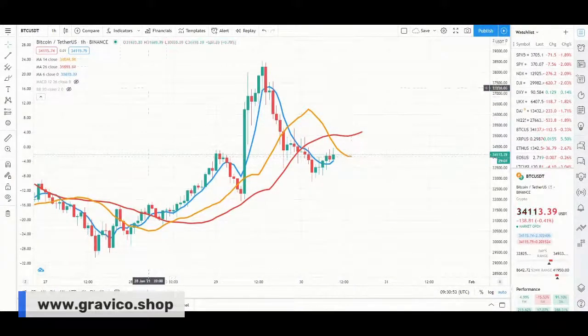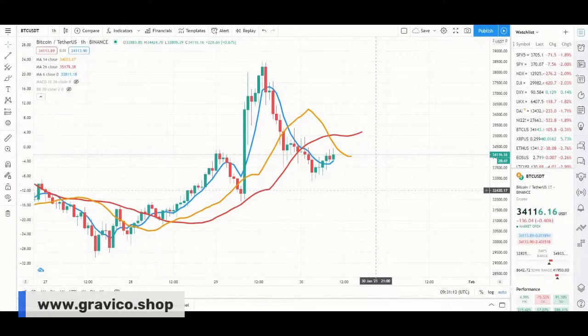And the last one is the red. Red is my longest line. What does the red do? The red simply confirms to me whether the whole market scenario is bullish or bearish. So you have to understand what a bull is and what a bear is.